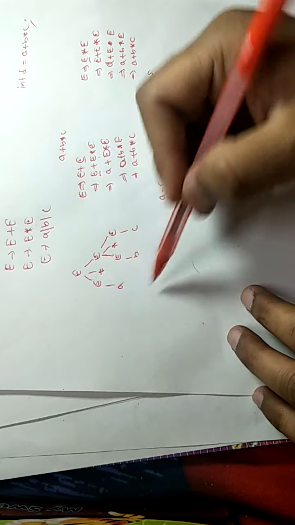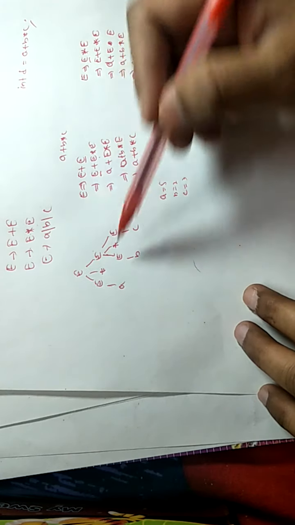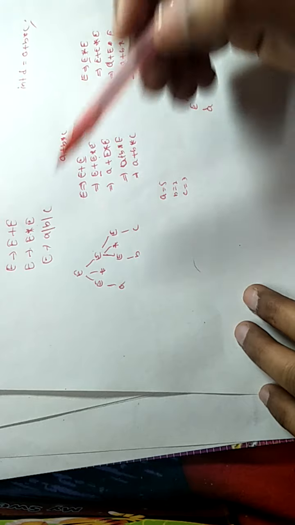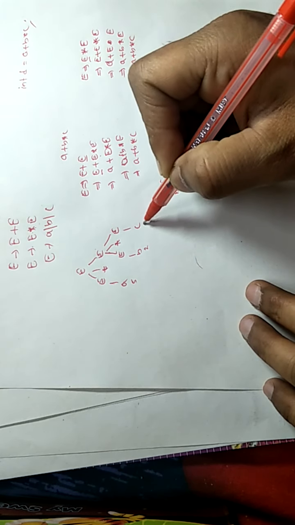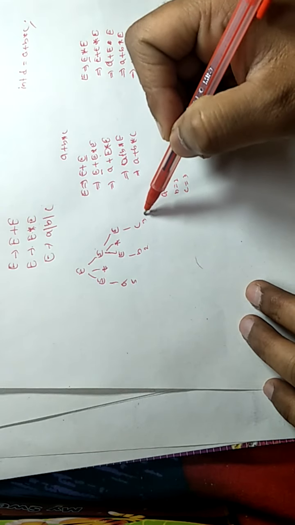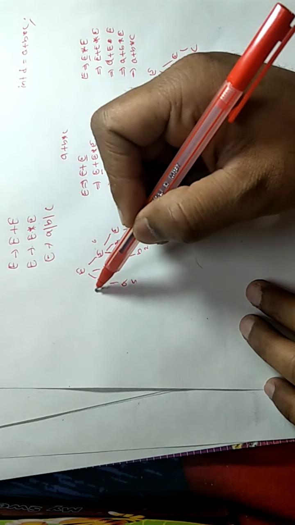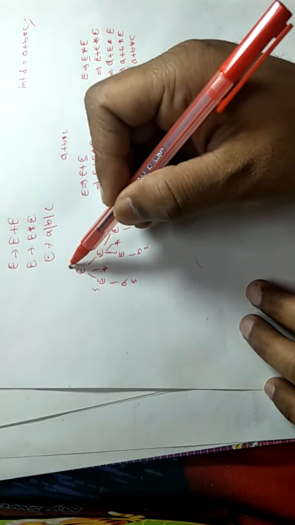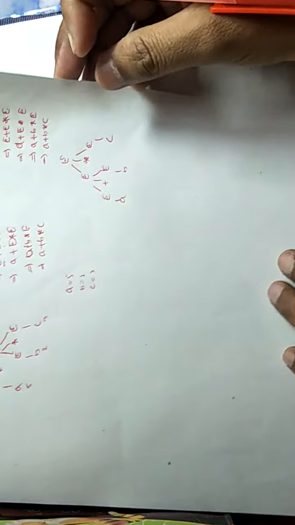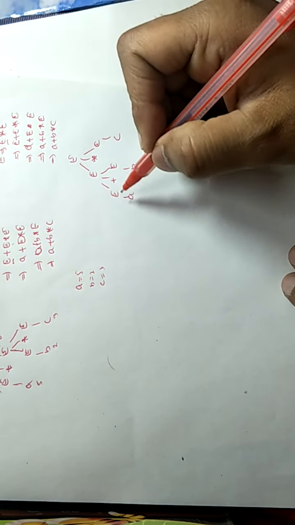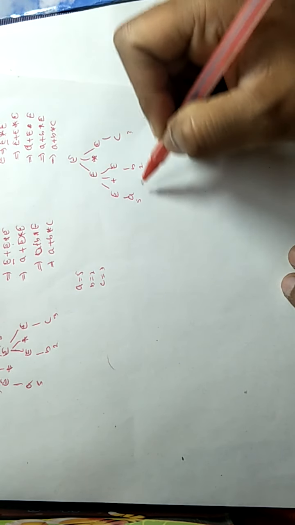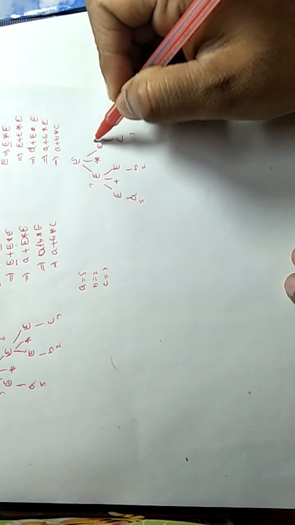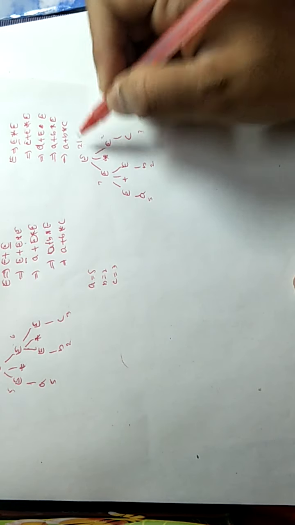So by using this rule this way to derive a plus b into c, suppose a is 5, b is 2, and c is 3, we will get 2 into 3 is 6 here, and 5 plus 6 is 11 here. And using the same grammar, if we apply 5 here, 2 here, 3 here, we will get 5 plus 2 is 7 here, 7 into 3 is 21 here.